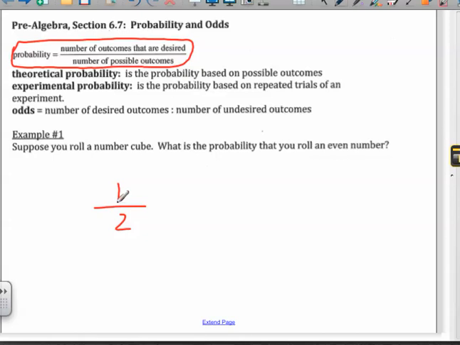Well, wait a minute. Yes, but before we get to 1/2, 3 out of the 6 numbers are even numbers, right? 2, 4, and 6. And those are the ones that I want. But there are 6 possible numbers. So the probability of me throwing an even number is 3 out of 6. But just like Simon said, I don't want to leave it like this. Probability is also a ratio, so I want to reduce it. And I get 1 over 2.